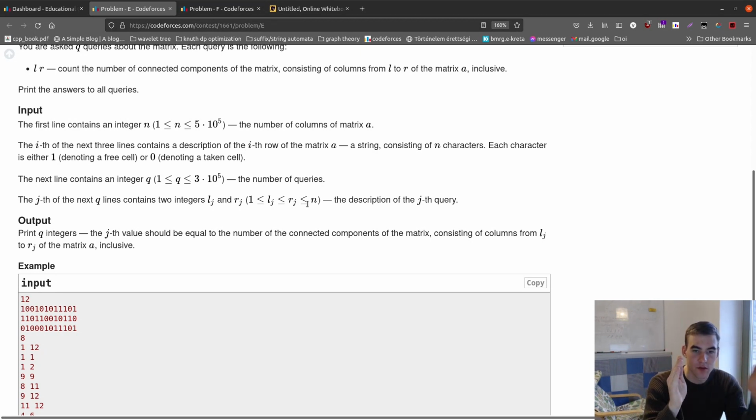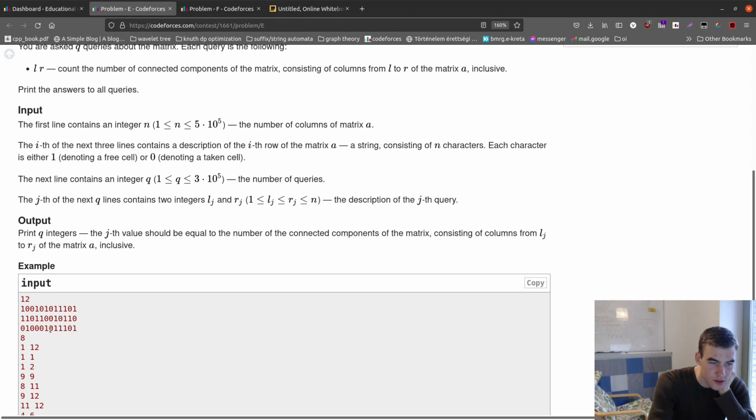Let's go from right to left, and when I reach a new state in left, I just connect all these disjoint set unions. So I move from right to left, and I slowly connect these.